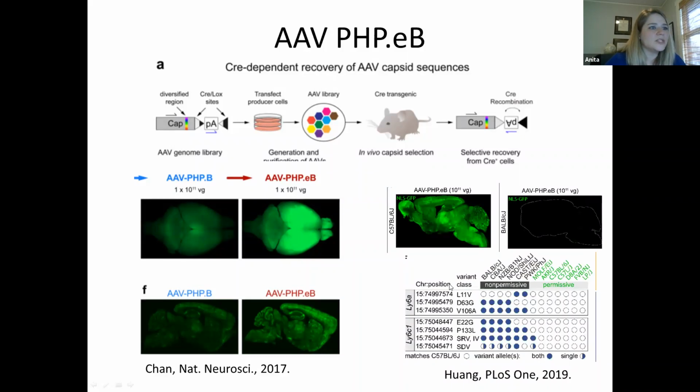And more recently, they've shown that there is obviously a receptor, as I've been trying to emphasize throughout this talk, that there is a mechanism that allows this uptake. So basically, there are strains of mice, which is a little disturbing. So hopefully you don't work with any of these strains of mice if you're trying to get expression in the brain. So different strains of mice, basically they're inbred.